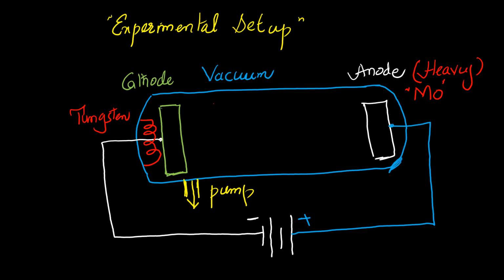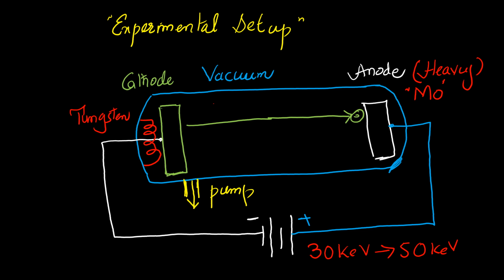So Roentgen applied a voltage around 30 kiloelectron volts to 50 kiloelectron volts, and he observed that whenever he applied a voltage in this range, there was a release of highly energetic electrons from the cathode, and these electrons from the cathode were incident on the surface of the anode metal.